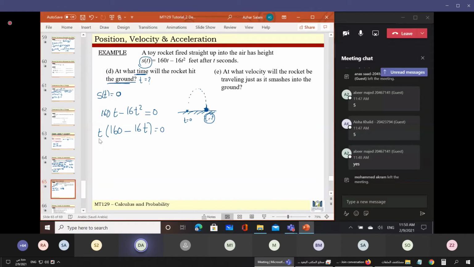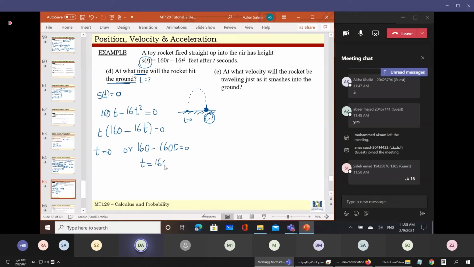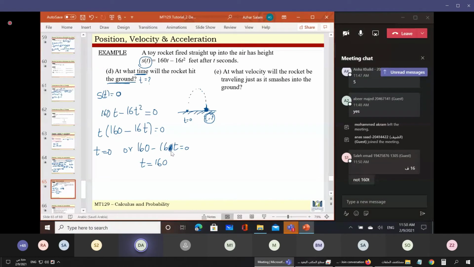So either this equals 0 or 160 minus 16t equals 0. If we solve this, t equals 160 over 16, which is 10.